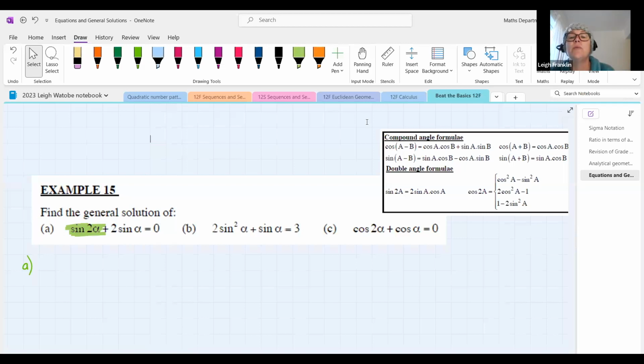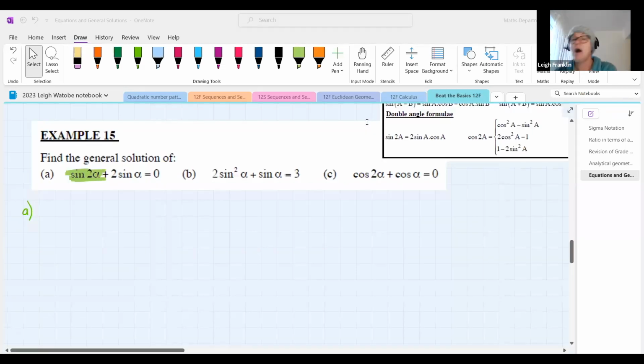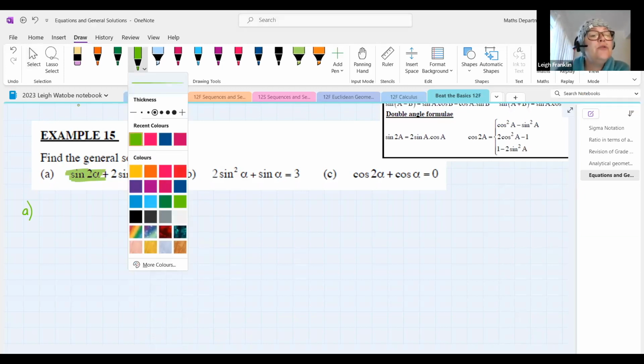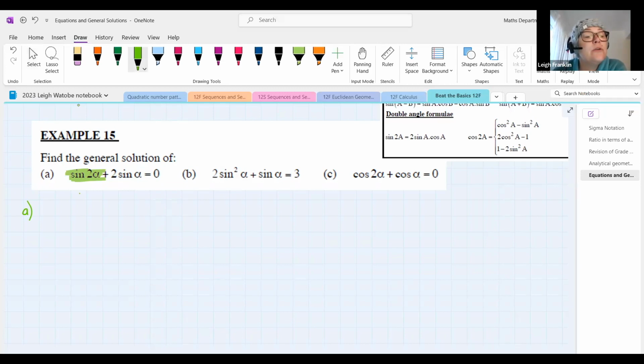Good. Well done, everybody. So we're going to expand our double angle, and we are going to write sine 2 alpha as 2 sine alpha cos alpha plus 2 sine alpha equals 0.